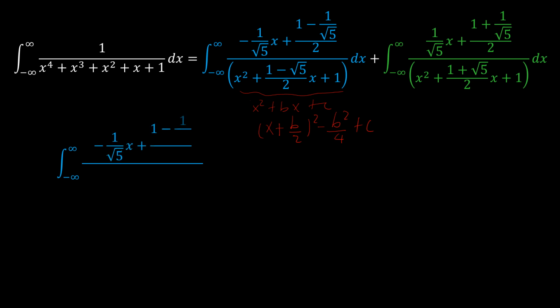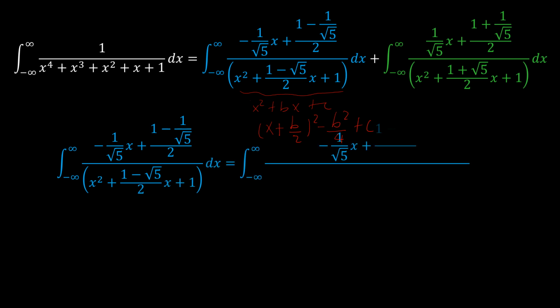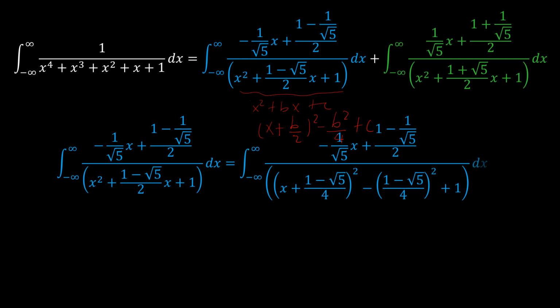Let's deal with the blue integral first here. As we can see, we have focused on the denominator, keeping the numerator as it is, and so we have x plus 1 minus root 5 over 4 squared, minus 1 minus root 5 over 4 squared, then plus 1.